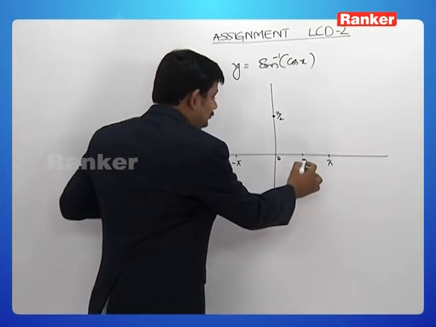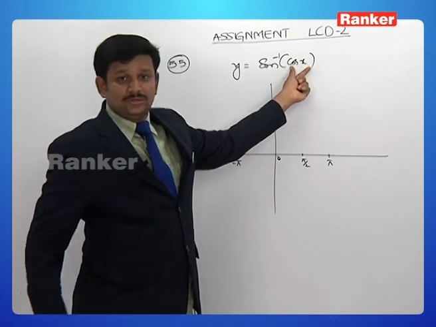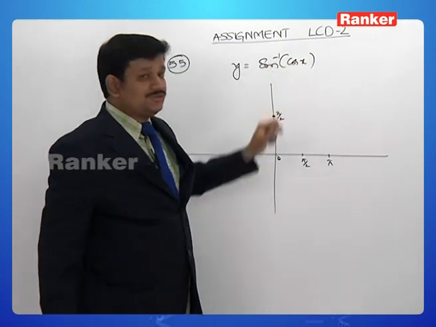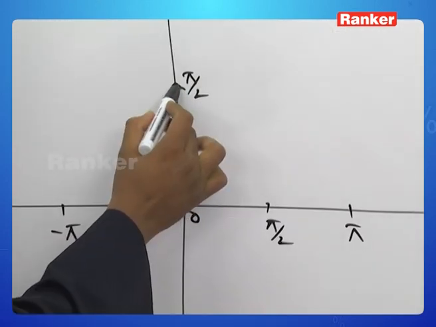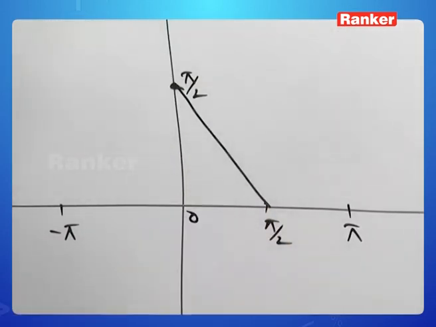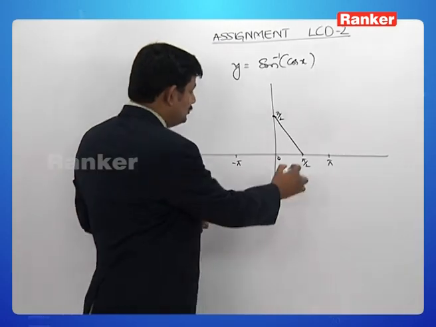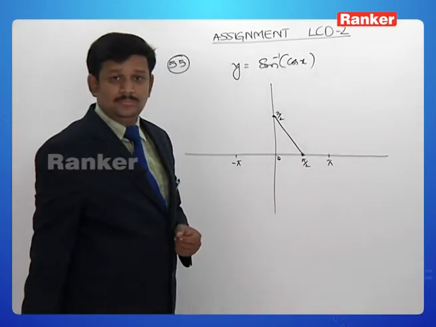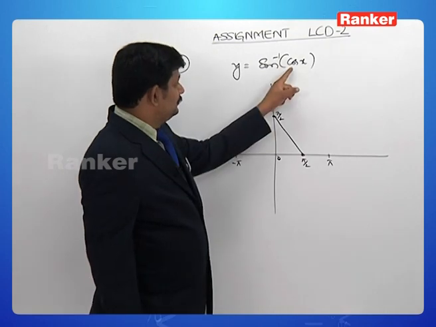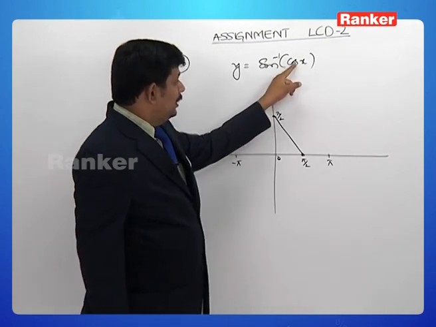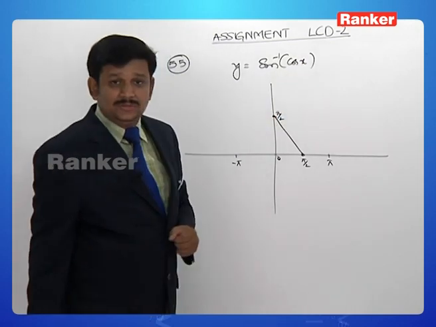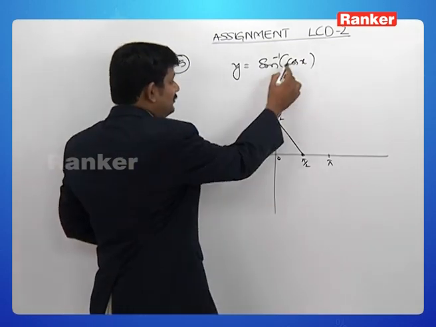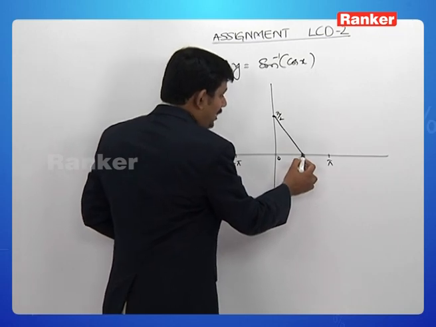When x is pi by 2, cos x is 0, and sin inverse of 0 is also 0. So these values decrease to become 0 at pi by 2. Then when x is pi, cos x is minus 1, and sin inverse of minus 1 is minus pi by 2.